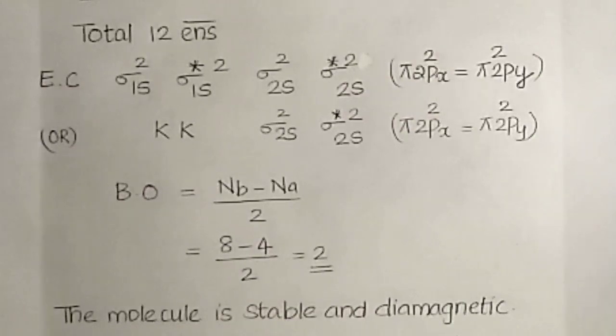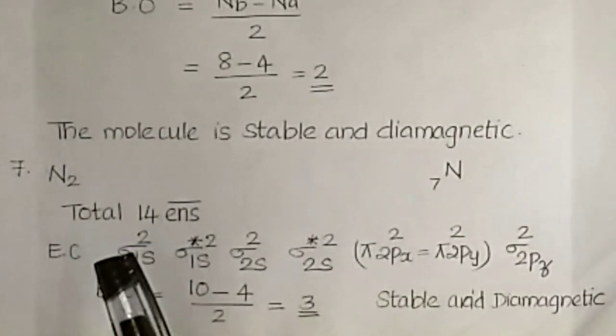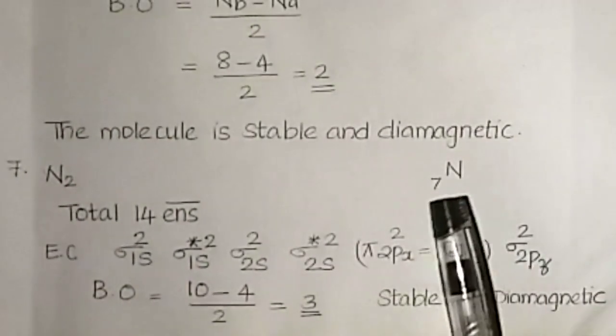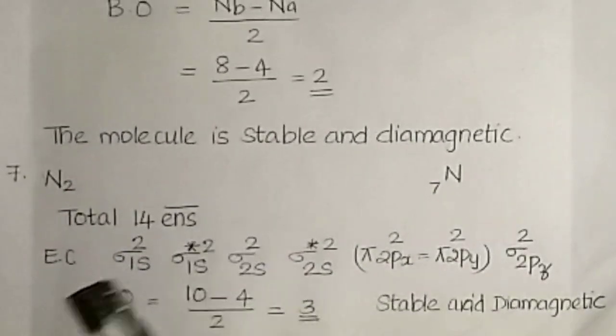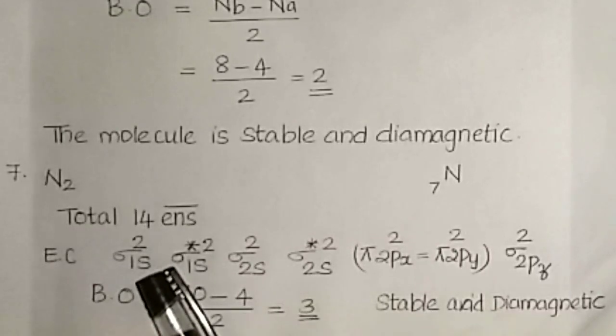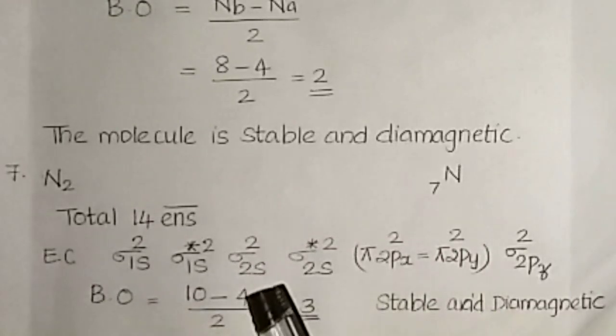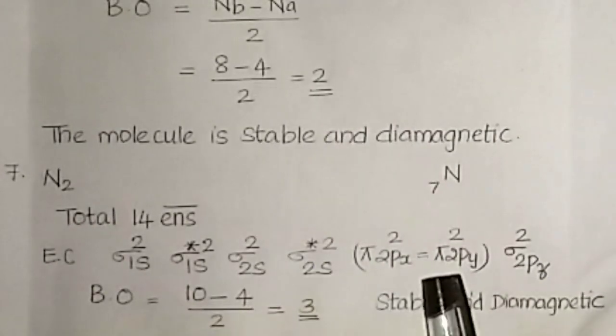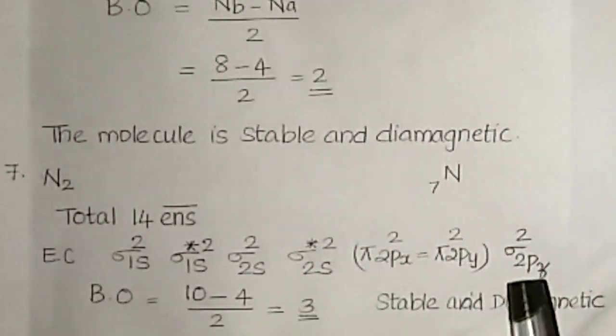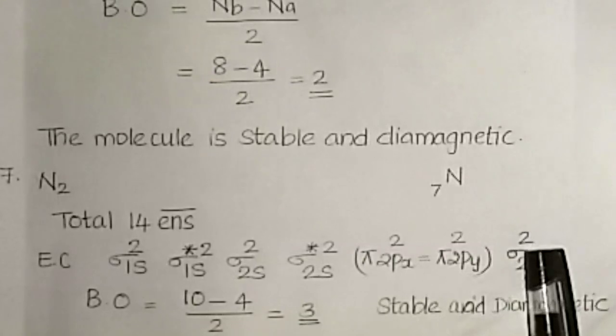Okay. Next one, the nitrogen molecule. You know nitrogen atomic number 7, so total 7 plus 7, 14 electrons. Then electronic configuration: sigma 1s2, sigma star 1s2, sigma 2s2, sigma star 2s2, pi 2px2 equal to pi 2py2, then sigma 2pz2.